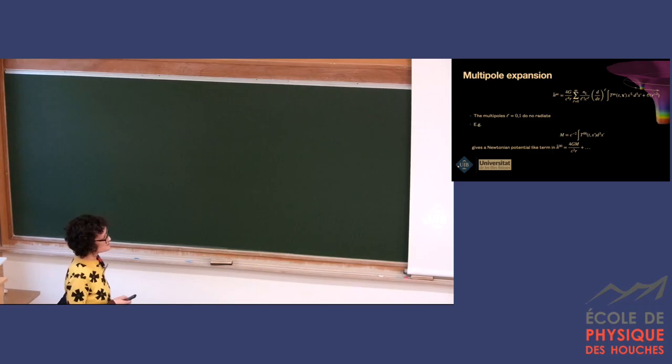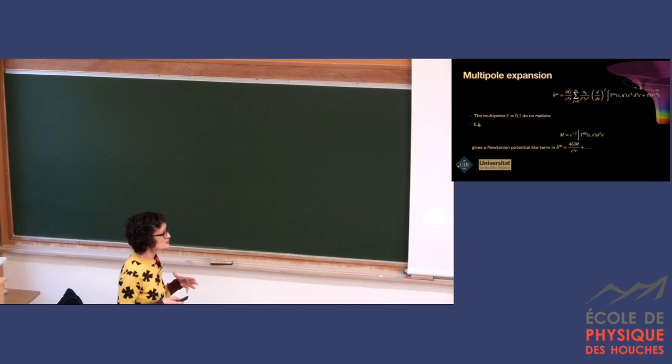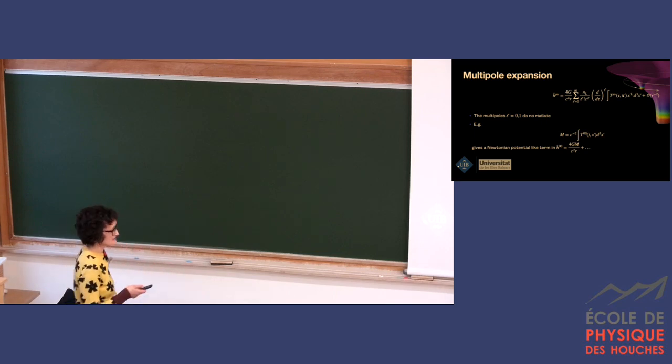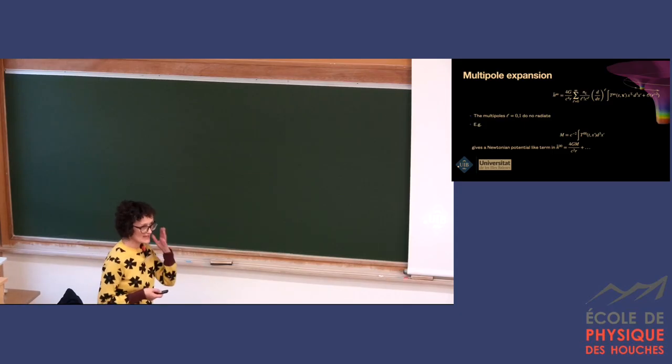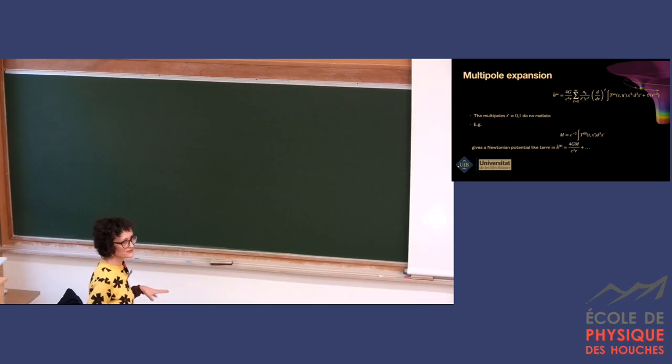So these two multipole orders do not radiate because they are associated with parts that are static, or that I can always gauge away. For instance, the L1 multipole is related to linear momentum, and I can always put myself in a frame where linear momentum is 0, and I also know that I have mass and linear momentum conservation in GR, so I know that those terms should not radiate.